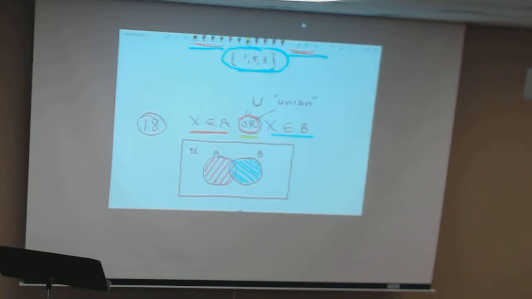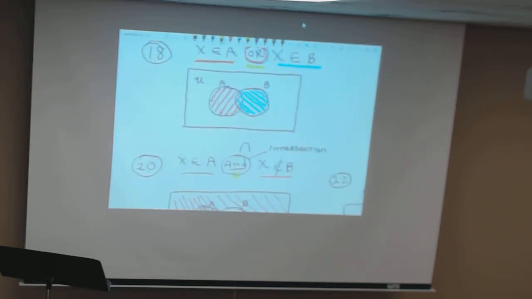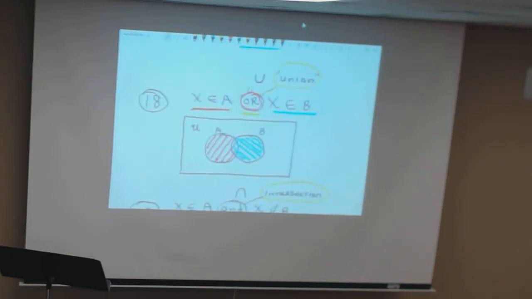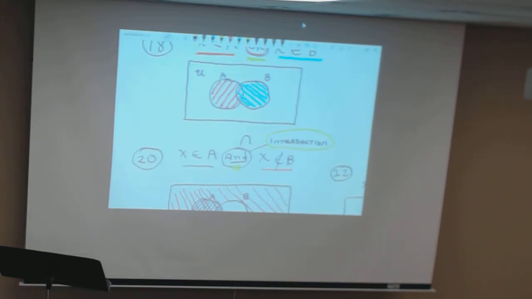If it would have said and, oh, did you catch this? Or is union and and is intersection. Probably just put that in your notes. If it's or, then it's union. If it's and, then it's intersection.